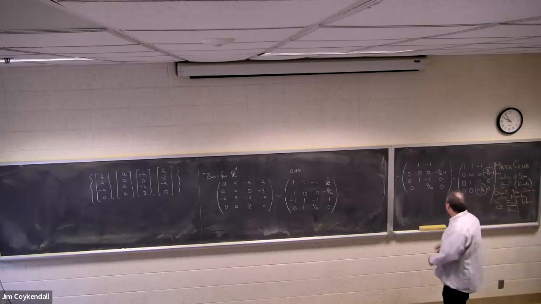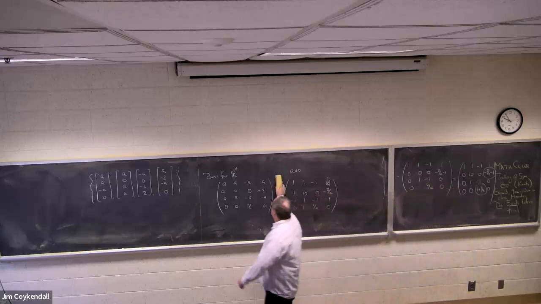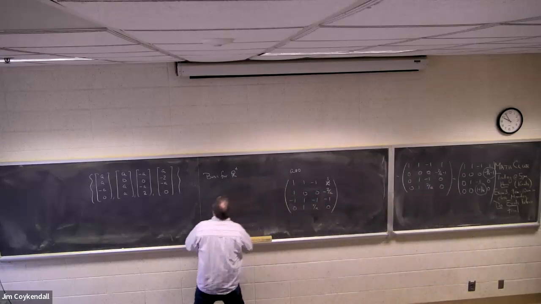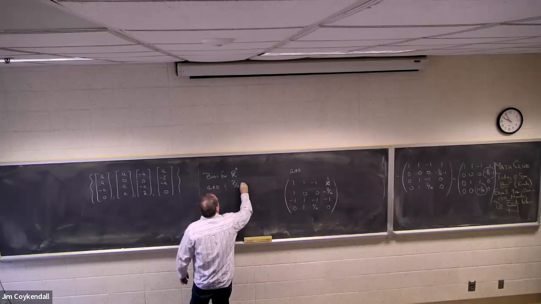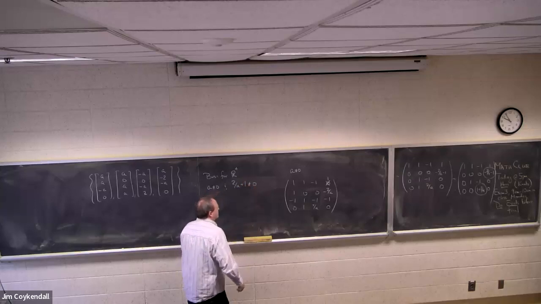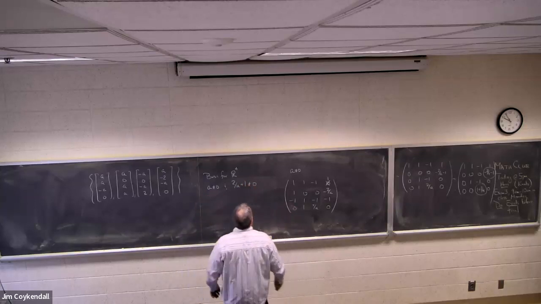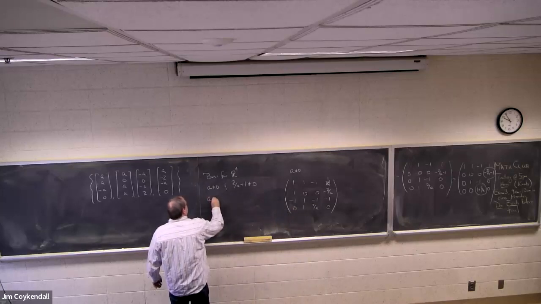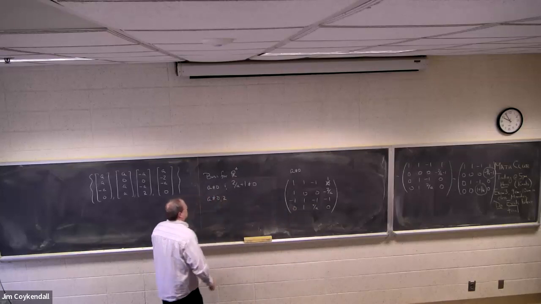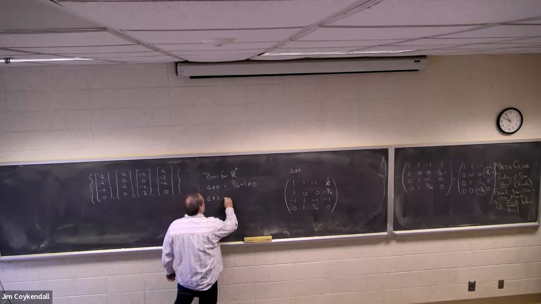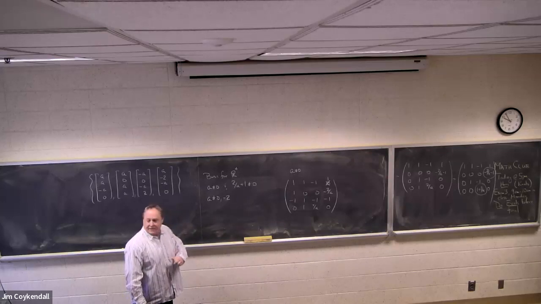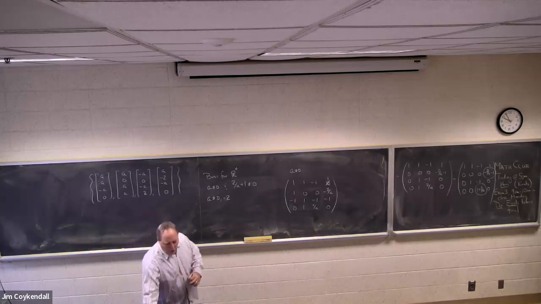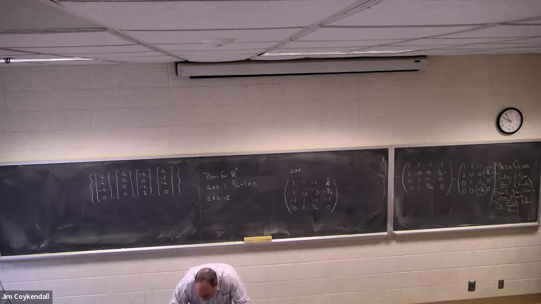So here's what we need for this to be a basis: A is not 0, and 2 over A plus one is not zero. Or in other words, A is not minus 2. So as long as A is not 0 or -2, it's a basis. Okay with that?